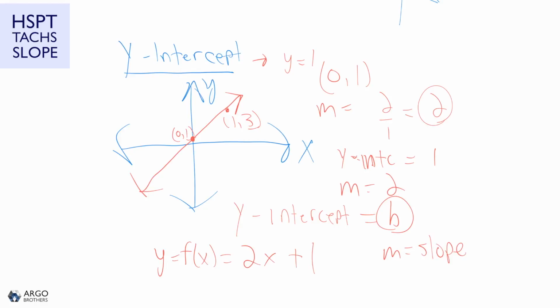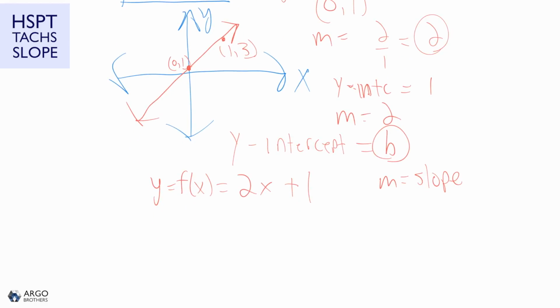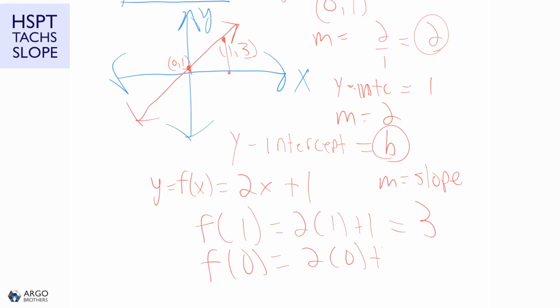Let's see if it works. f of 1 should be 3. 2 times 1 plus 1, yes, that equals 3. Now if I plug in 0, we should get 1. 2 times 0 plus 1 equals 1.